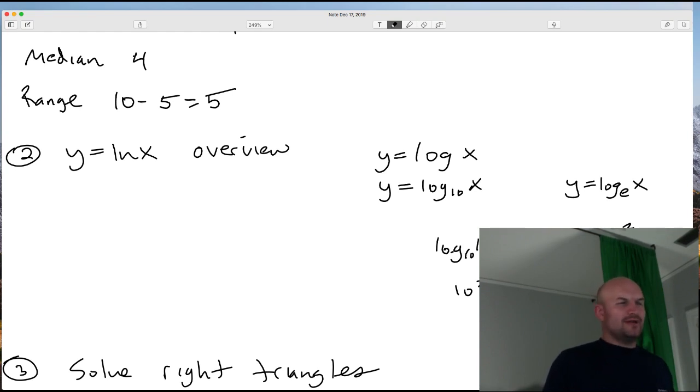Yeah, that's kind of weird, but that's basically what it is. We just use different notation for the natural logarithm. It's just saying that the base is equal to e.